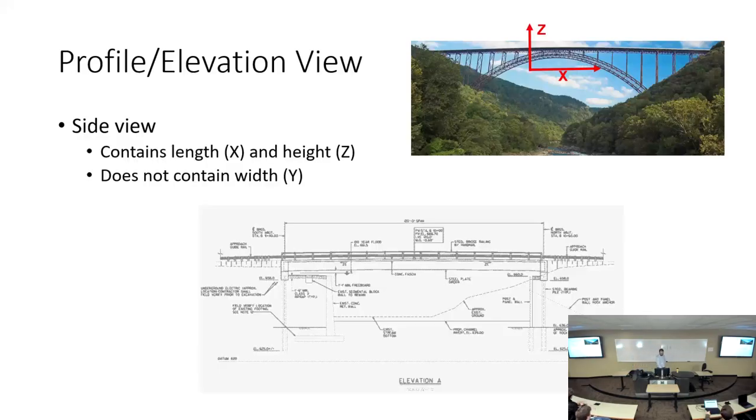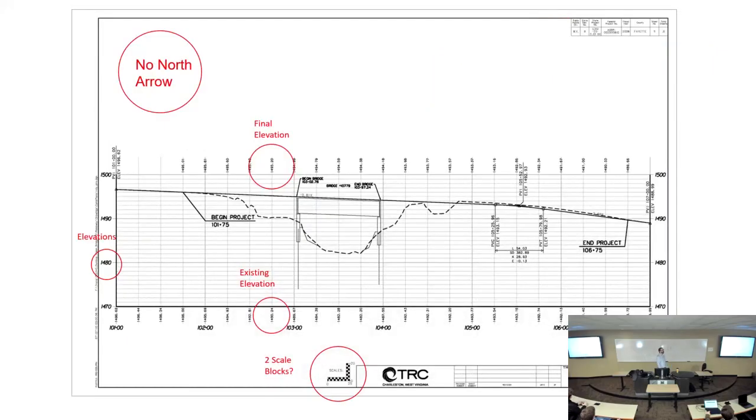Okay. Whenever you look at an elevation view, you're not going to see a north arrow because it's not going to make sense. The other thing that you might see is different scales on different sides. So you might see, this is a scale for the entire project. From here to here is like 600 feet along the length of the bridge, but from top to bottom, it's only about 30 feet.